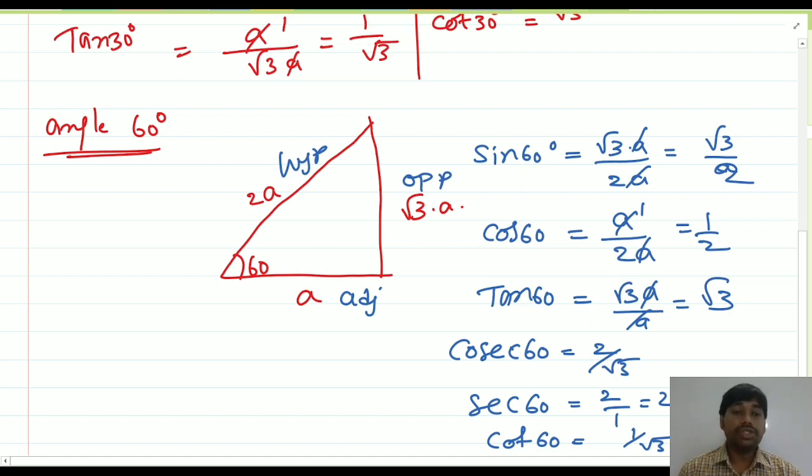Okay, so this is about the angles which are formed with the triangles, 30 degrees as well as 60 degrees. So still we have to see the proof for 0 degrees as well as 90 degrees. So the angle 0 degrees, how is it formed? 0 degrees means the hypotenuse should lie on the adjacent side.